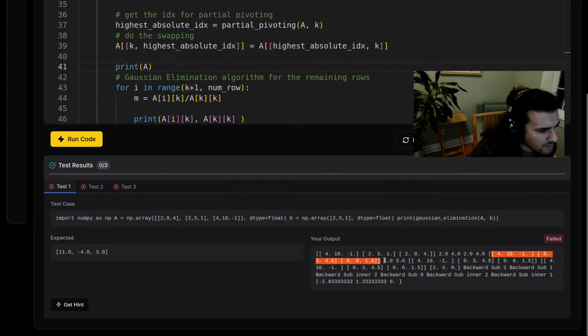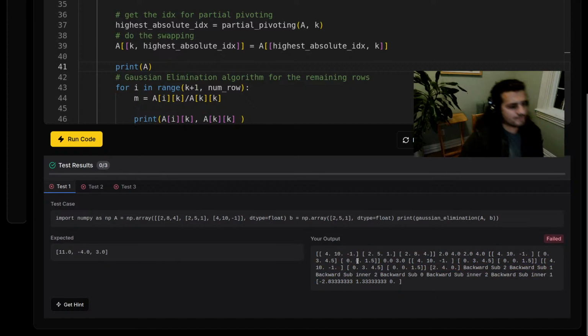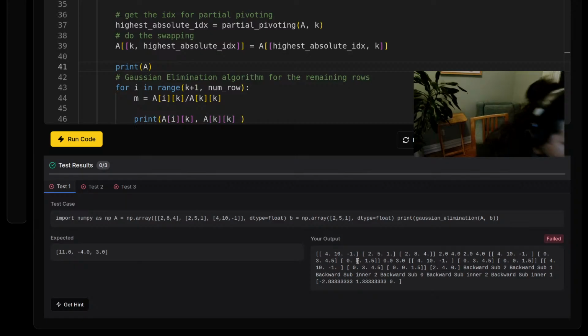And then we have... I'm working with 3 and 0. Yeah, which makes sense. I don't like this part, but it's not crazy.